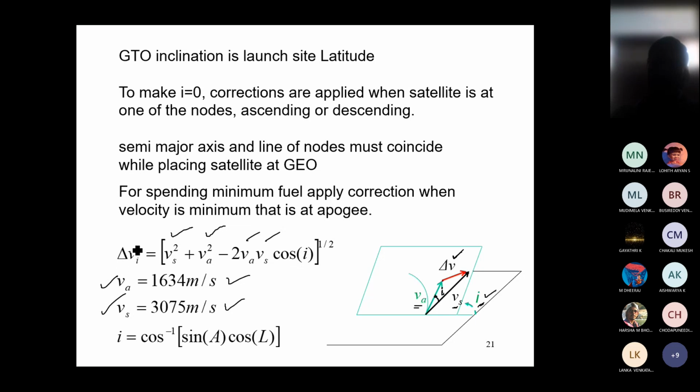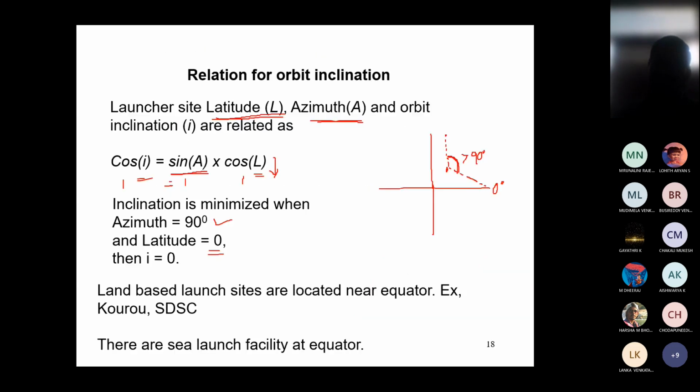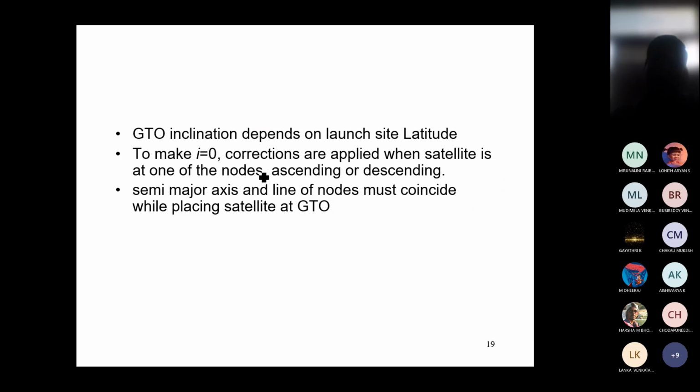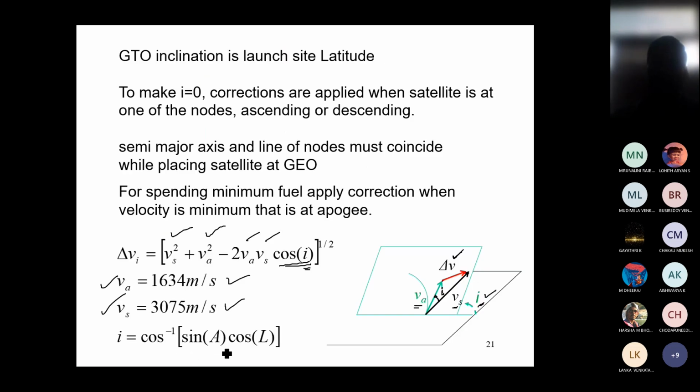In order to find the change of velocity or the correct velocity correction, you should have the value of cos of I. So by referring to the previous expression, we know cos of inclination angle is sine of azimuthal angle into cos of latitude. So this is sine of azimuth angle and cos of latitude.